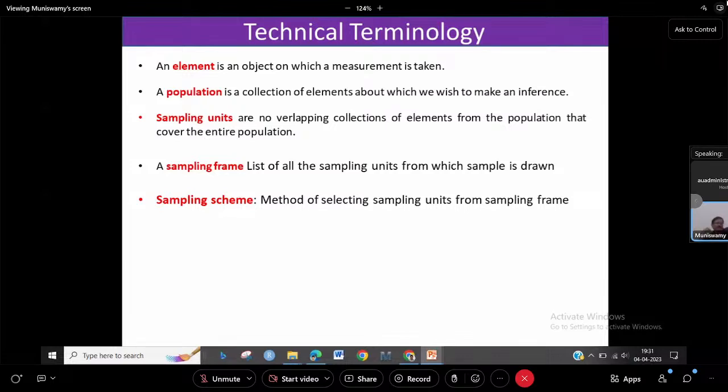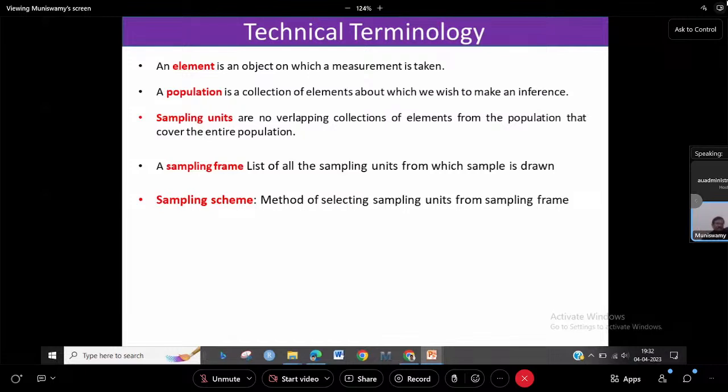People are suffering a lot, and for those who were affected by COVID, post-COVID symptoms are very high. So, first of all, population in the sense of the total number of COVID affected persons required. But element in the sense is only one object.